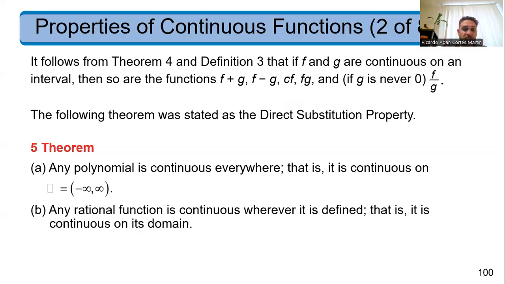And what is a rational function? A polynomial divided over a polynomial. In that case, both are continuous, but maybe the polynomial in the denominator has a value of 0, then it is not continuous. But as long as it is not 0, it is continuous.